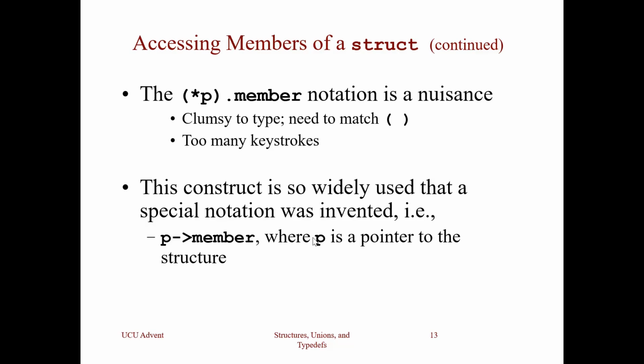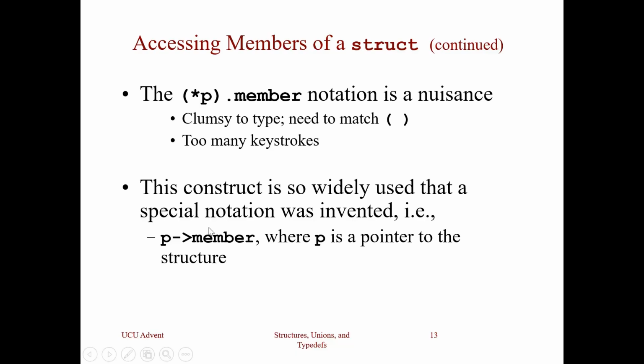So the pointer operator notation is a nuisance because it's clumsy to type, and you also need to match the parentheses, so too many keystrokes can be involved. This construct is so widely used that a special notation was invented.